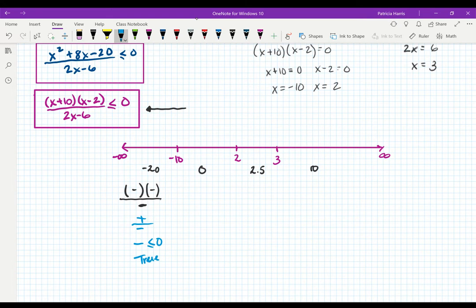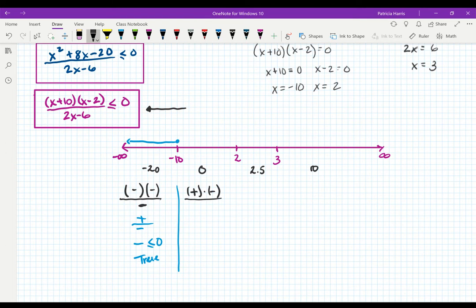So this portion is true. So close dot, and then shade. Okay? So by just thinking of the signs rather than the actual value, it can kind of speed you up. So if I plug in a 0, I get 0 plus 10, which is a positive number. A 0 minus 2, which is a negative number.